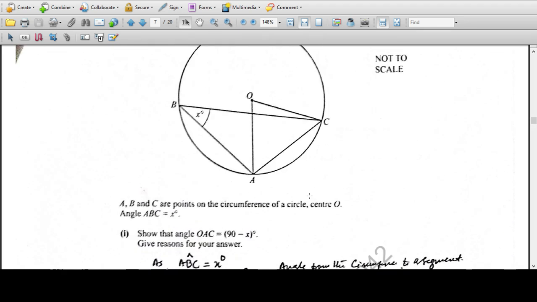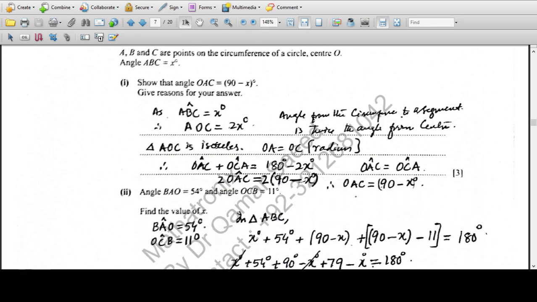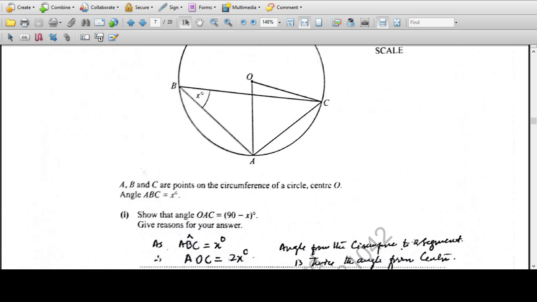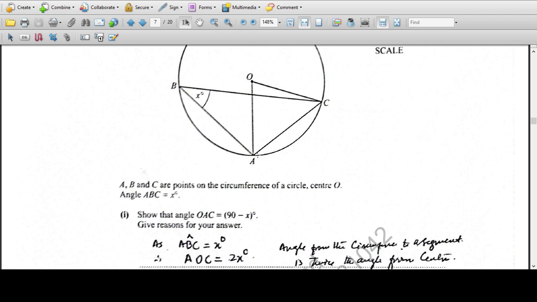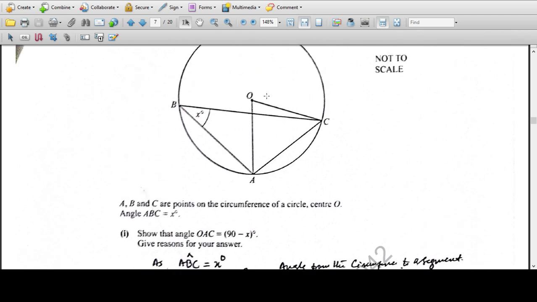This is not easy, this is a little difficult. So now I repeat it: we have to find the value of OAC, which is 90 minus x. ABC is the angle for this segment from the circumference, which is x naught, so the angle for the same segment from the center will be double, 2x naught. OAC and OCA have same angles because the sides are equal, so this is an isosceles triangle.